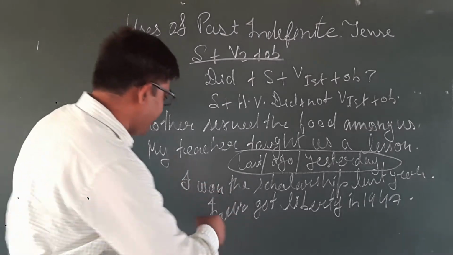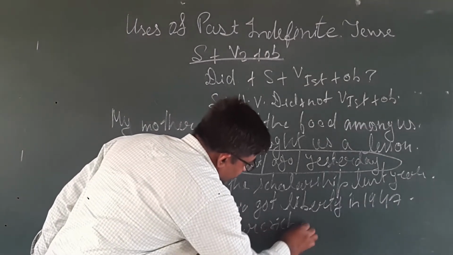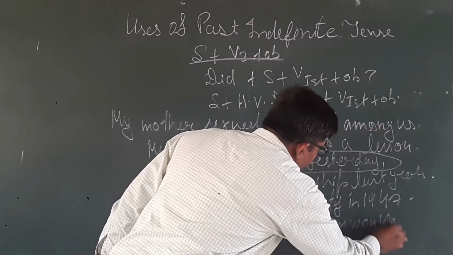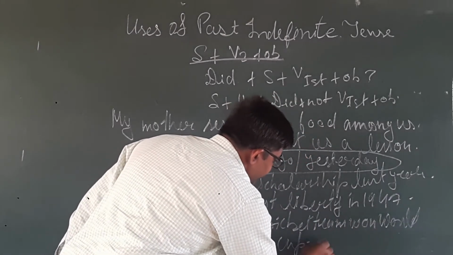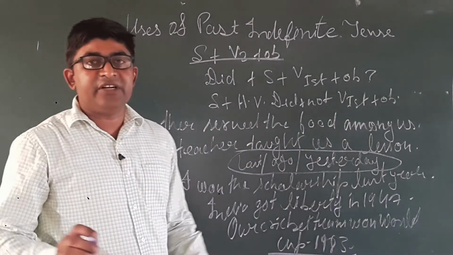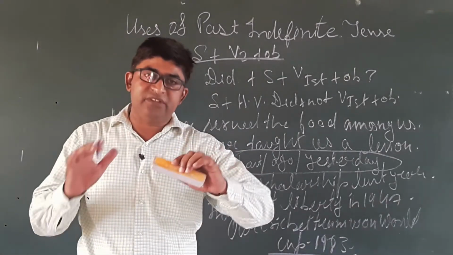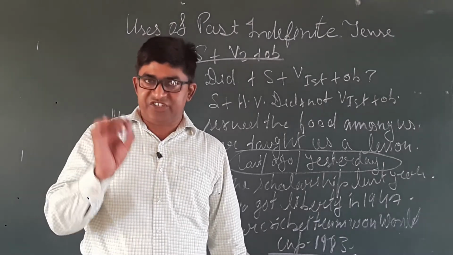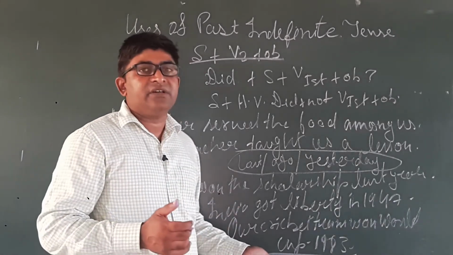One more example, our cricket team won the World Cup first time in 1983. So these are events that took place at a fixed time, and to express an action that took place at a fixed time we use past indefinite tense.